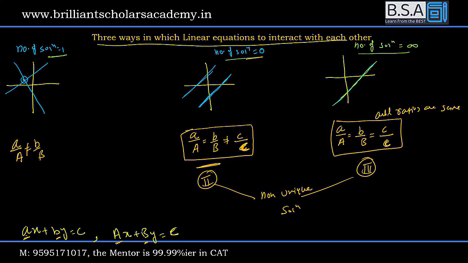The second one is also called a set of inconsistent equations. There is so much to cover here. There is so much knowledge that we can impart regarding these three graphs. First one, unique solution, no solution, infinite solution. These two combined are called examples of non-unique solutions.